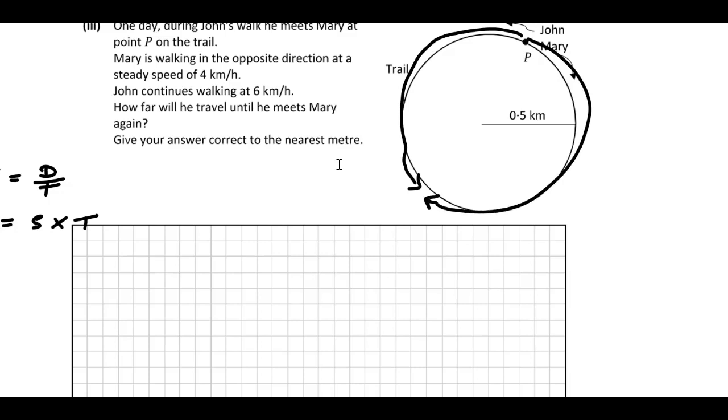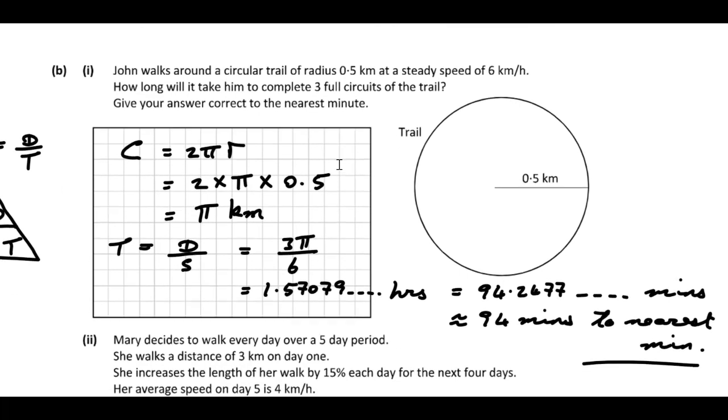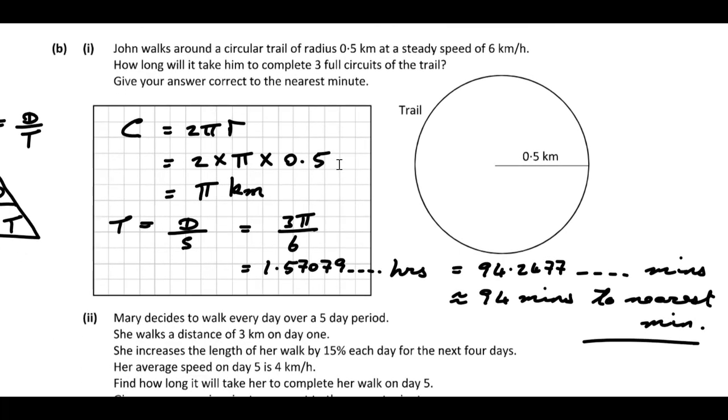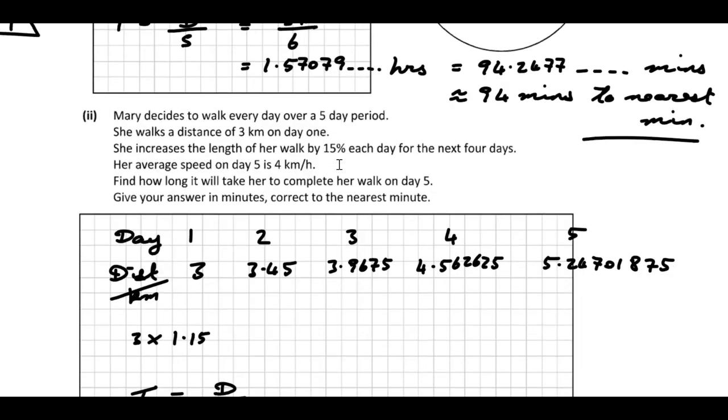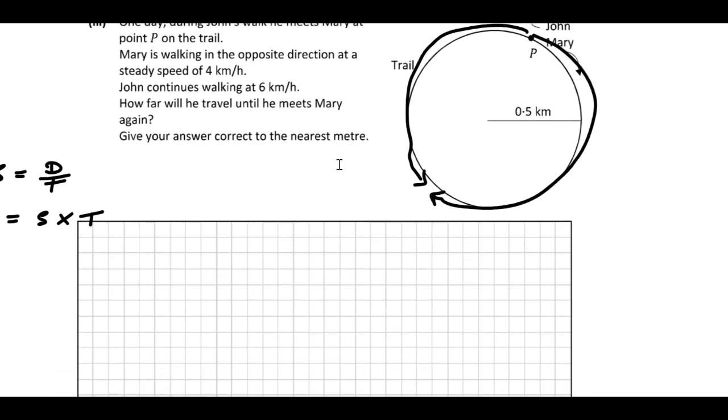Now when they meet again, the total distance between the two of them should equal pi. Remember back up here we worked out that the distance around the trail here is pi kilometers. So when they meet, their total distance should equal pi.